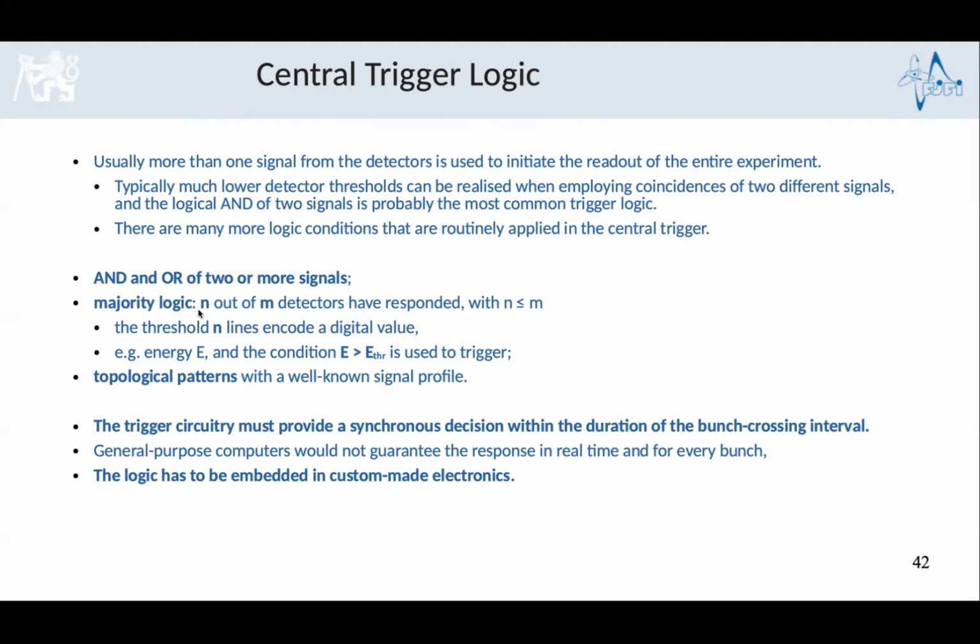This is when you have a detector with m channels, and you require a threshold of, let's say, n channels to be active to make some decision.